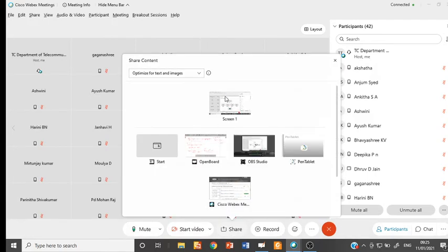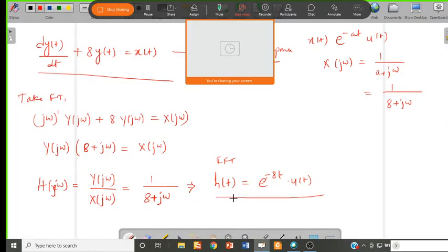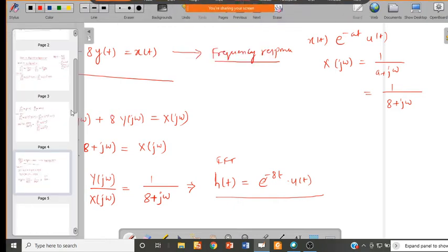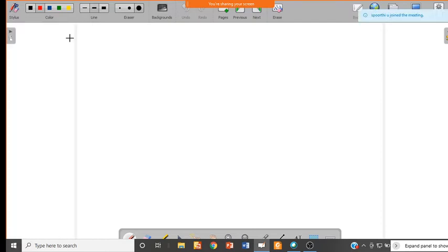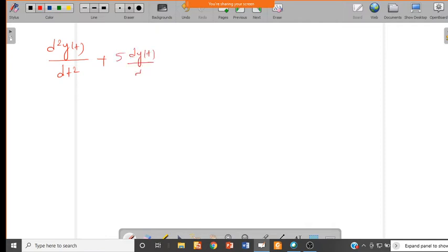Okay, so try to solve this one. You only have to solve and tell me the answer. d square y of t by dt square plus 5 into dy of t by dt plus 6 into y of t is equal to minus dx of t by dt.